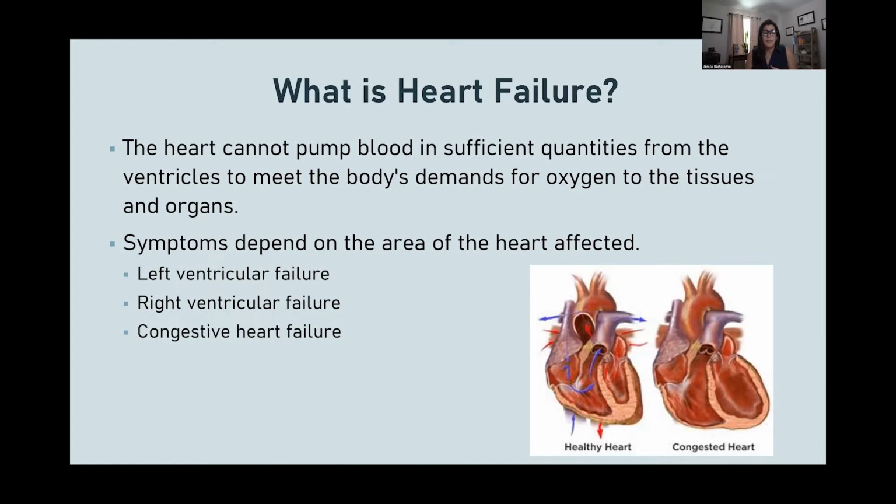Depending on which side fails, whether it's the left or the right, or if it's just congestive heart failure, it's what your symptoms will look like. But overall, it's basically an inability of the heart to pump sufficient blood.